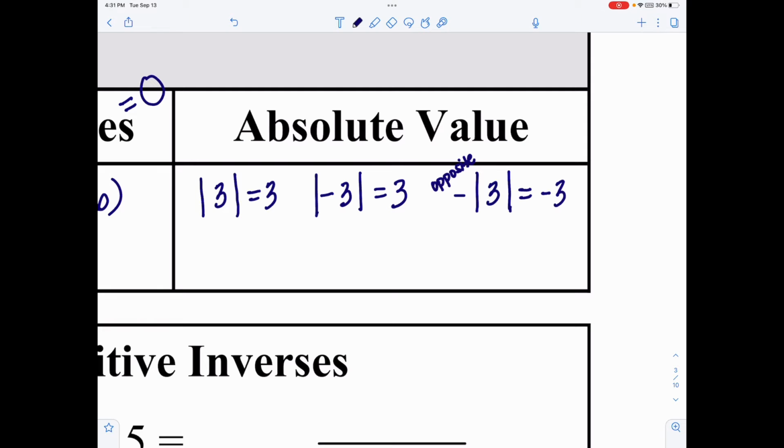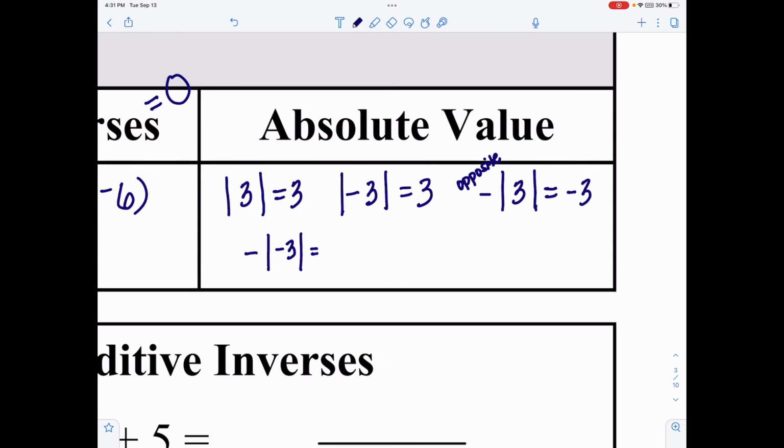One more situation here. Let's do what is the opposite of the absolute value of negative 3 equal. Here's how you read this. We're going to write opposite. So what's the opposite of the absolute value of negative 3?